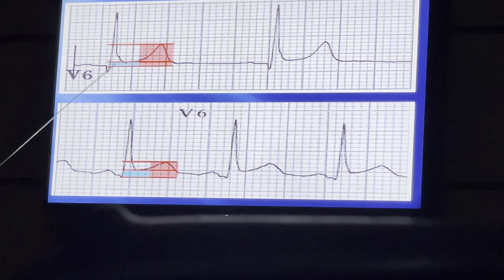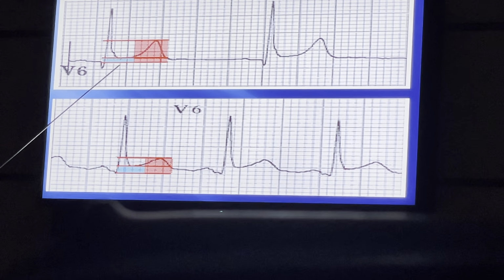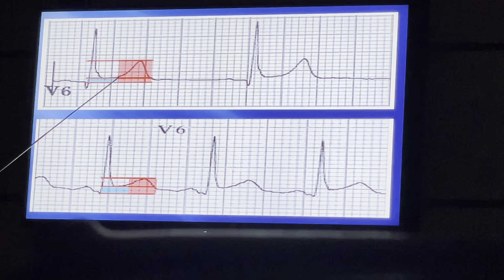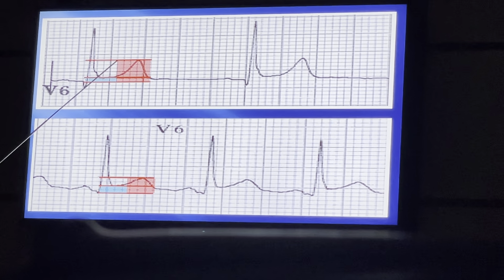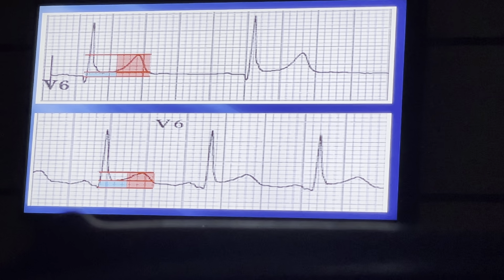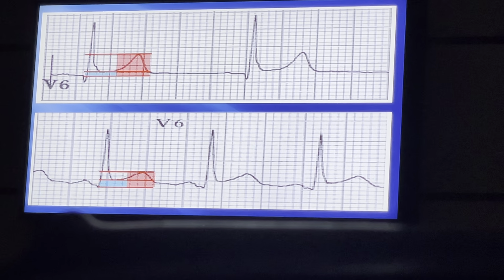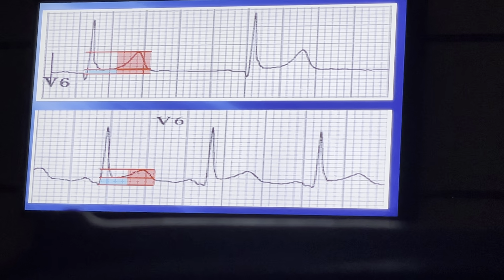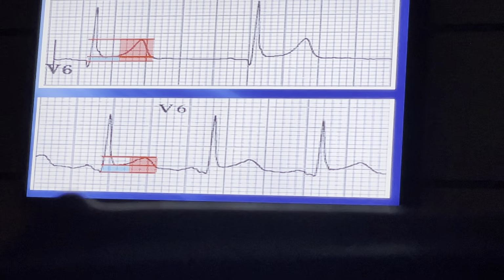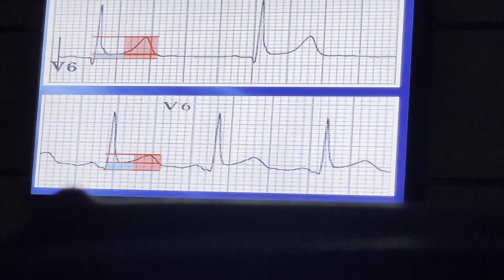So this is how we can calculate the ratio. Here, this is the ST segment. This is the isoelectric line. So the ST segment is one small square. The T wave is 1, 2, 3, 4, 5. So the ratio is 1 by 5, which is 0.2. So this is less than 0.25, so this is early repolarization.